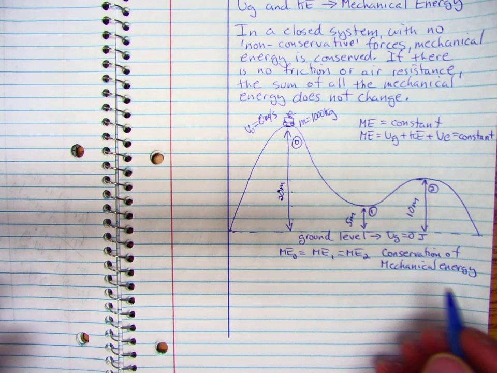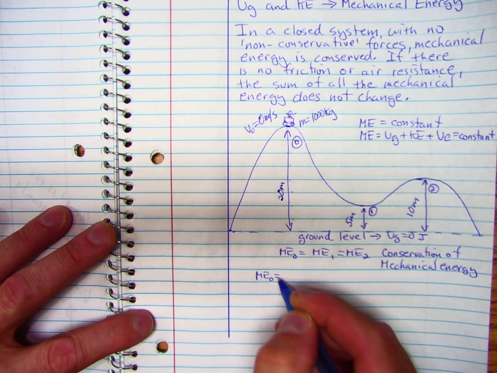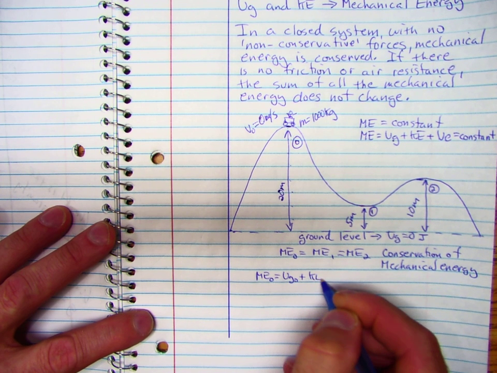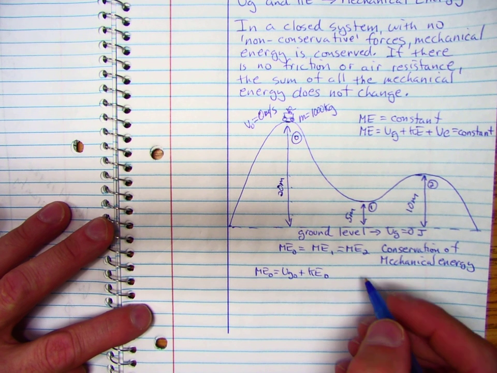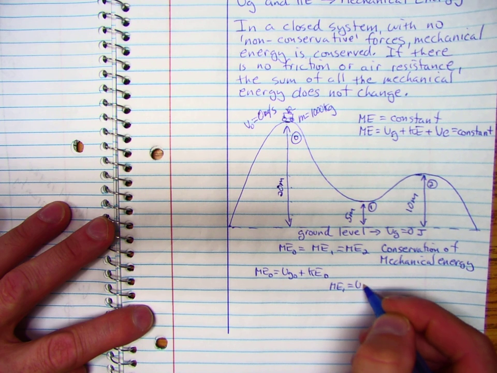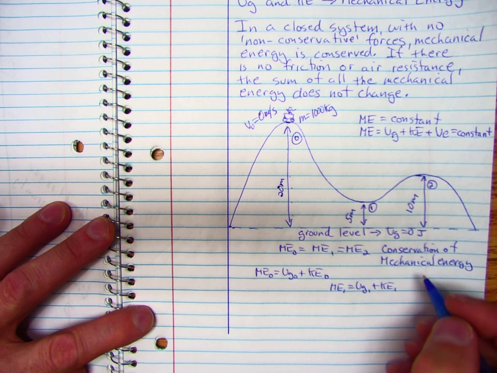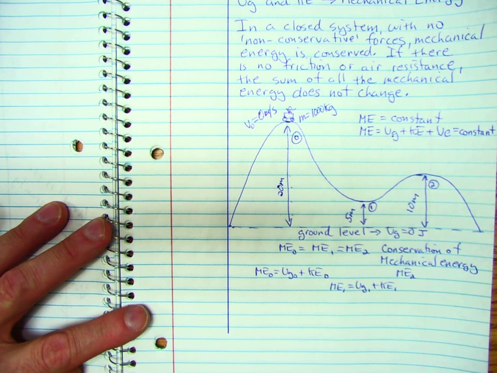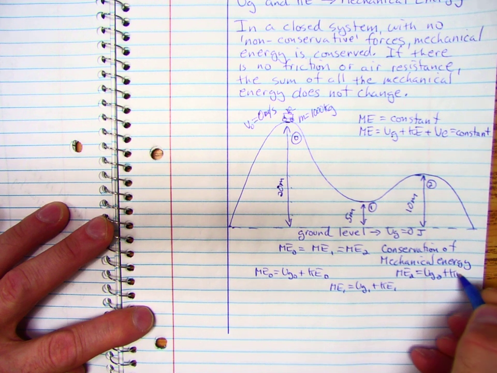That means that ME0, which is equal to UG0 plus KE0, there isn't any elastic potential, so I'm not going to put it, is equal to ME1, which is equal to UG1 plus KE1, and that's equal to ME2, which is equal to UG2 plus KE2.